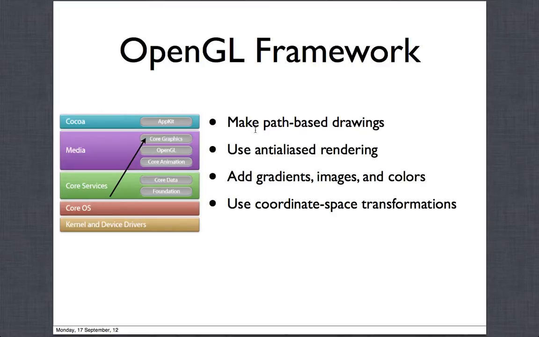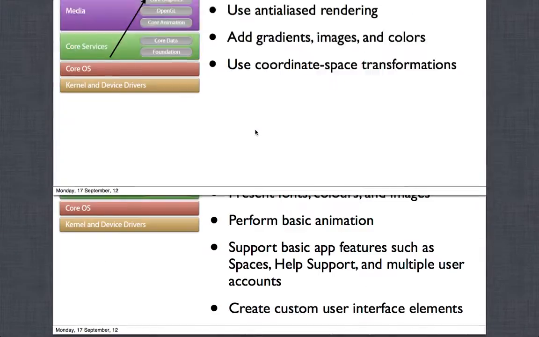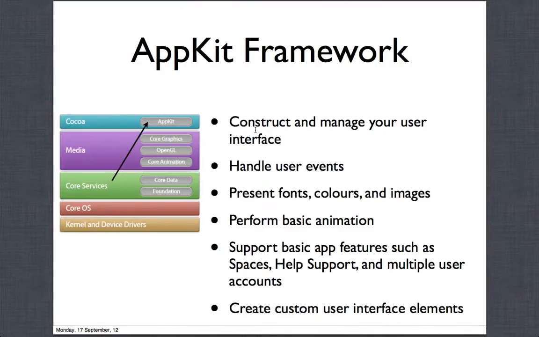So the layer we're going to use and spend most of the time on in this course is called AppKit. And Cocoa is the API. It's the way to use this framework. It's the way to access all the methods in this framework.